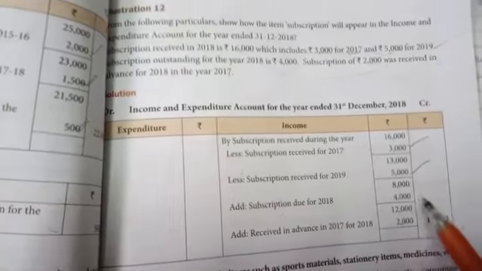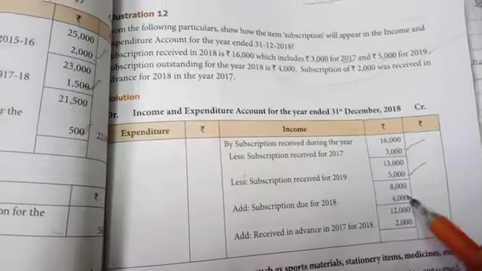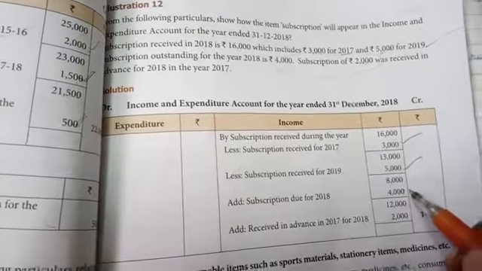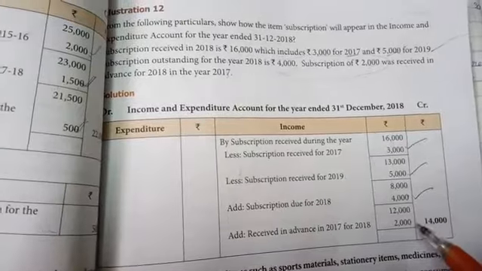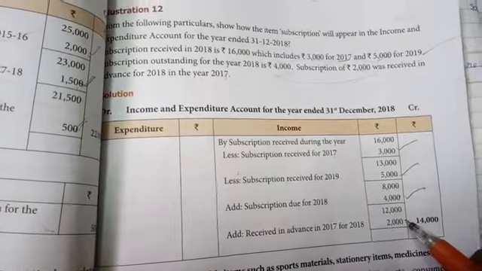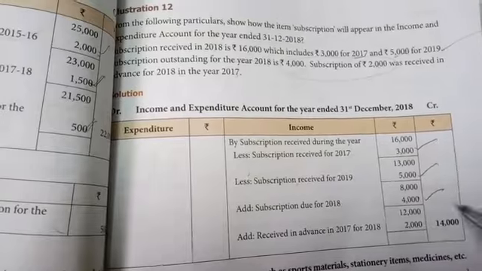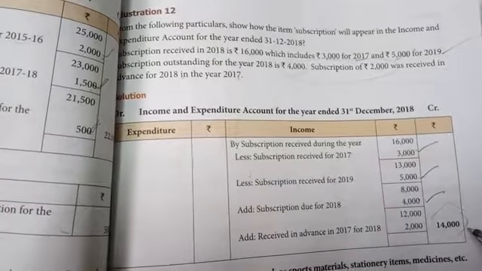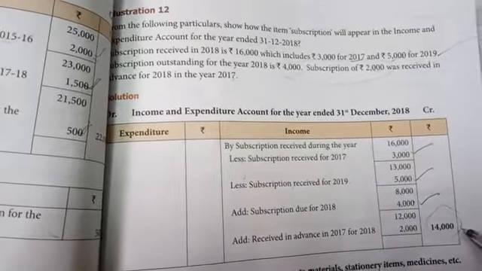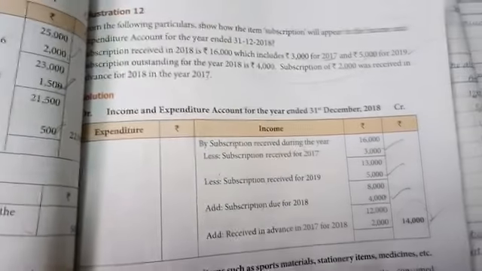And the subscription of 4,000 belongs to the current accounting period, still not received, so it should be added. And subscription of 2,000 received in 2017 for 2018 is also added. So the total subscription to appear on the income side of the income and expenditure account is 14,000.